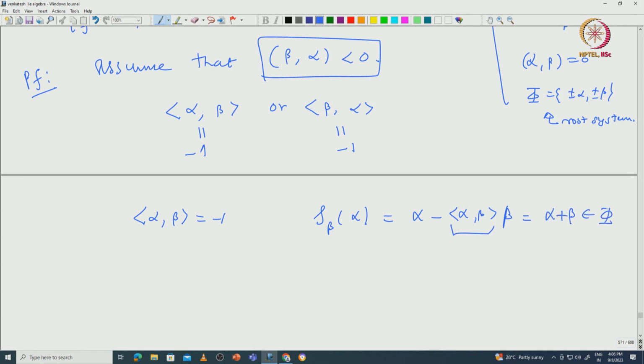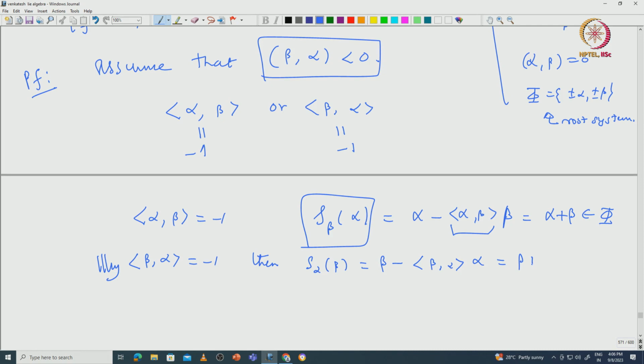So this is a root, because S beta of alpha is again an element of phi. Similarly, in case the Cartan number of beta, alpha is minus 1, then you can conclude that S alpha of beta is beta minus the angle bracket of beta, alpha times alpha, which is beta plus alpha. So it is again a root. In both cases we can conclude that alpha plus beta must be a root.